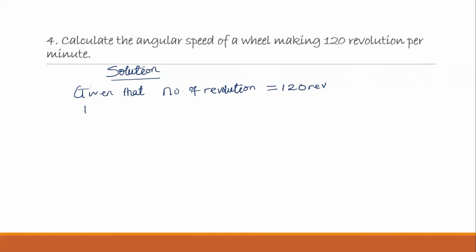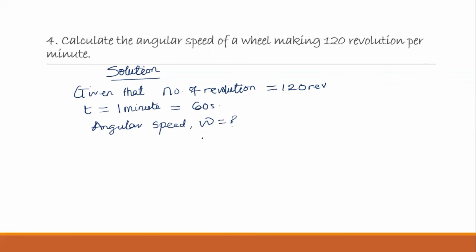Here you are given that the time taken is 1 minute, which is equivalent to 60 seconds. So what are we looking for in this case? We are looking for angular speed. I believe you know our angular speed is omega, which we are looking for.